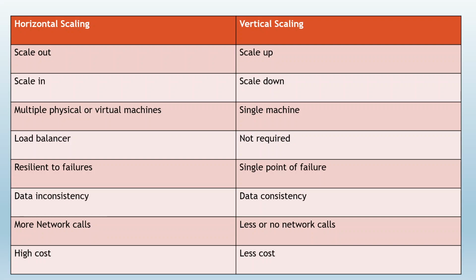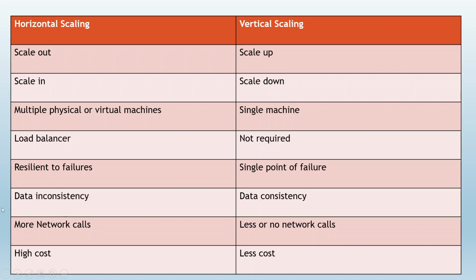Even if one server is lost, the other servers should be able to serve the requests that are coming in. There is no dependency on one server's failure. But in vertical scaling, if there is only one server available and it fails, then we are gone. The application will go down, right? So that is called a single point of failure.